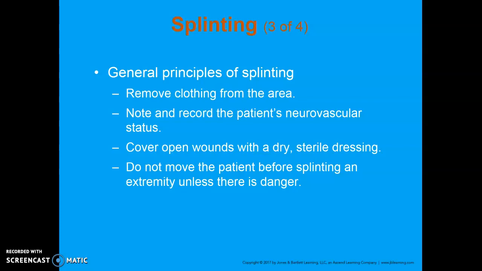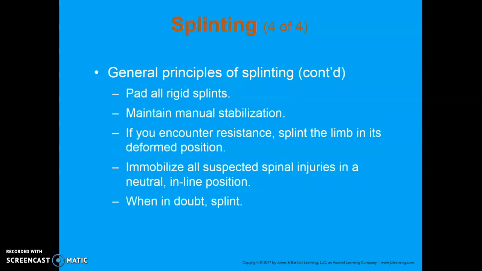In a suspected fracture of the shaft of any bone, be sure to stabilize the joint above and the joint below the fracture. You want to go ahead and pad all of your rigid splints so that you can prevent local pressure and discomfort to the patient that could actually make their situation worse.